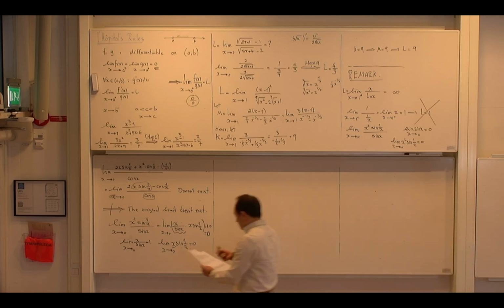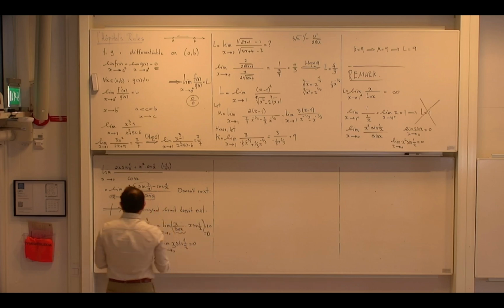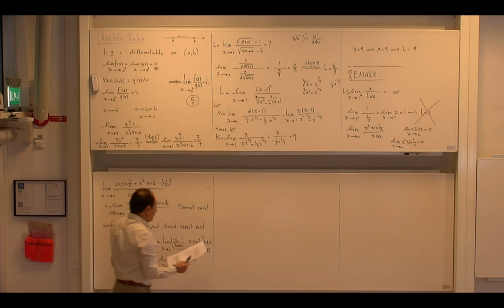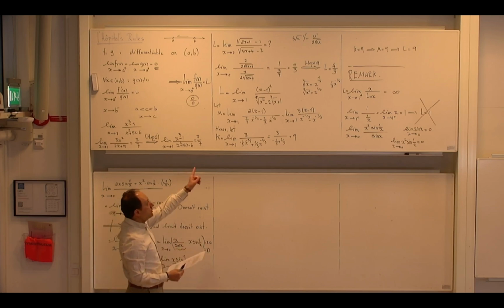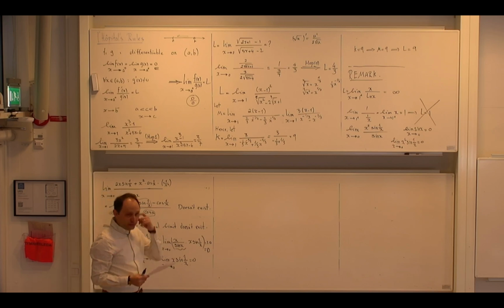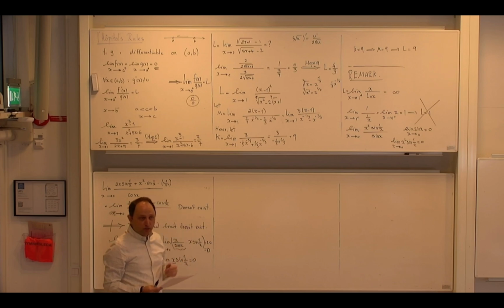There are some more examples you can do, but there is a second version of L'Hopital's rule, and that is for the case infinity over infinity. So this L'Hopital rule number 1 was for the case 0 over 0. We have one more L'Hopital rule, for which the proof is much harder, but this is only for infinity over infinity.